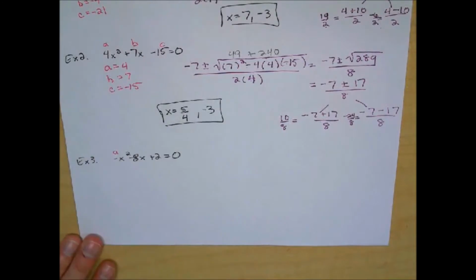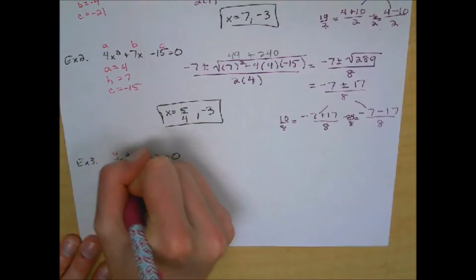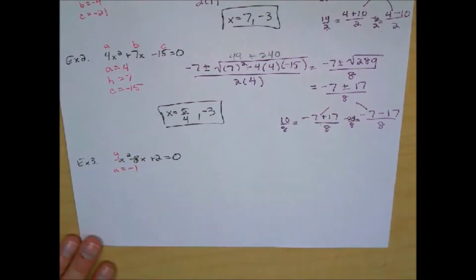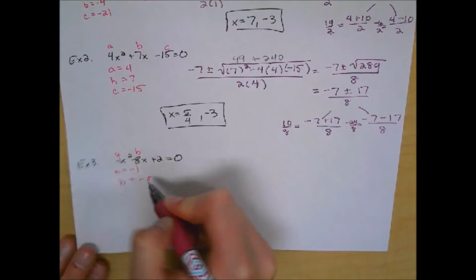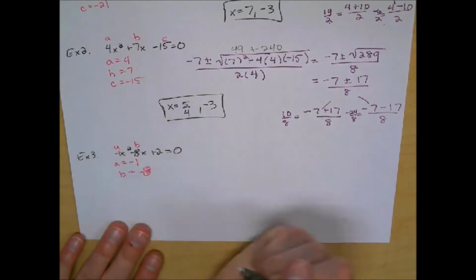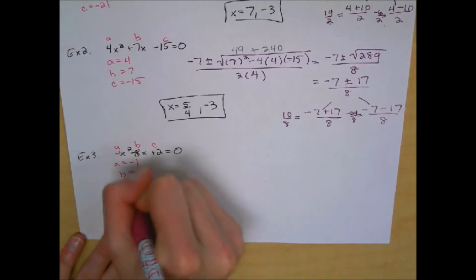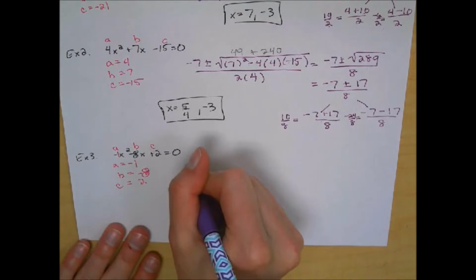A is in front of the x squared. So a here is negative 1. B is in front of the x, so it's negative 8. Let me make that bigger. C is 2. Go ahead and plug it in.